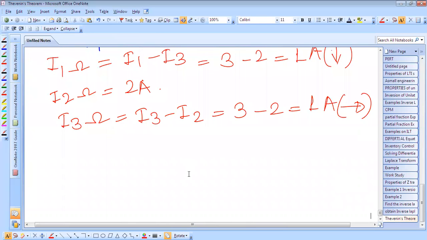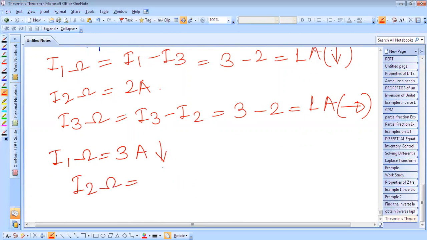Okay. So again, what remains now? The 1 ohm is 3 ampere, again from top to bottom, and the 2 ohm is equal to I1 minus I3.